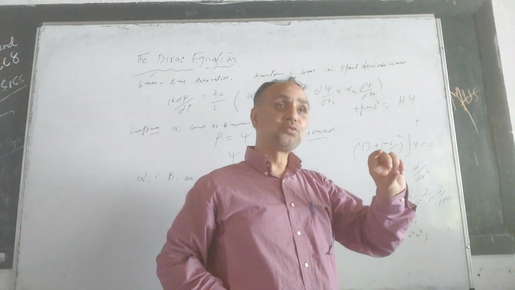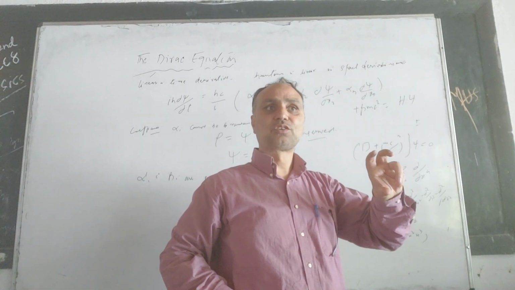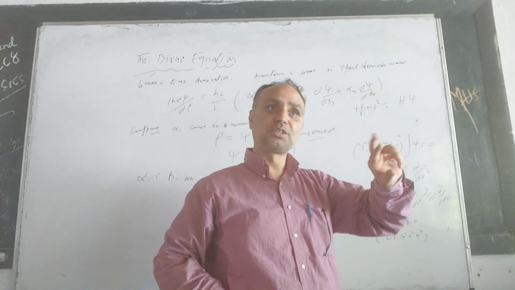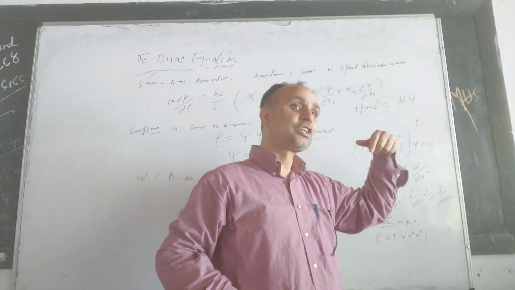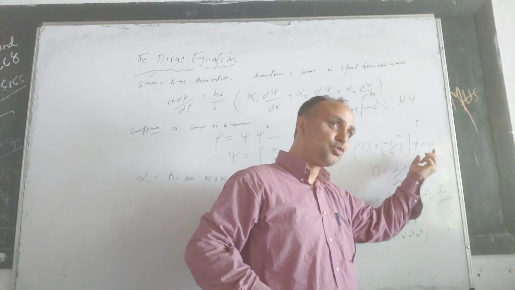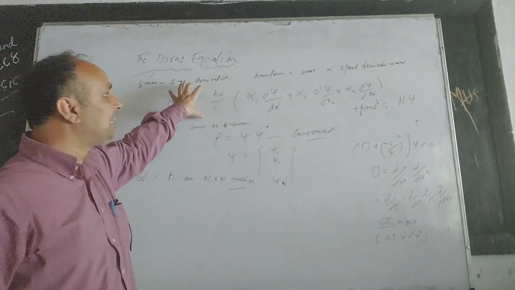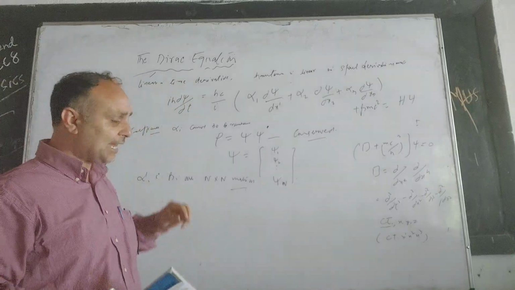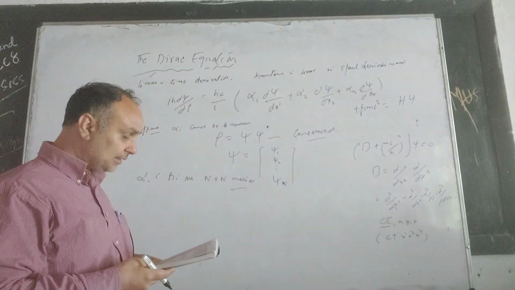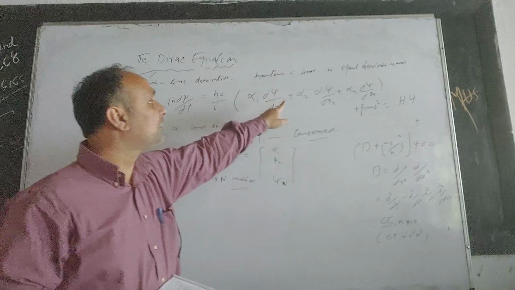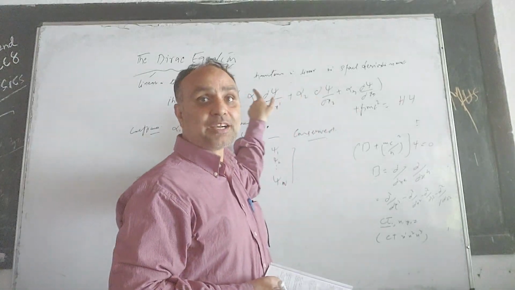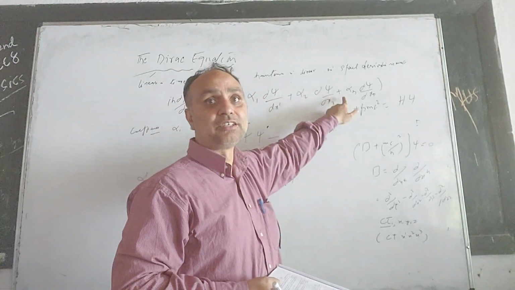Negative probability is not a definite quantity; mathematically it is not a positive definite quantity. So in order to get a positive definite quantity, we have to convert the second order differential into a first order differential. So we assume it like that. And there we related these with different matrices, alpha 1, alpha 2, alpha 3, okay?